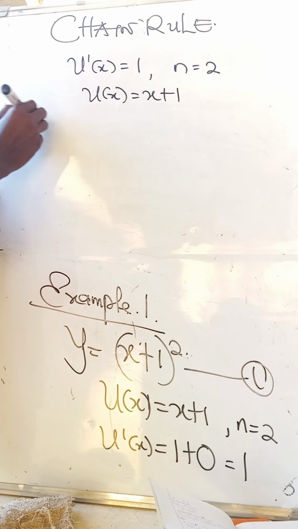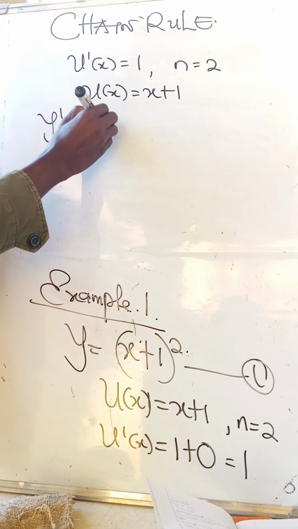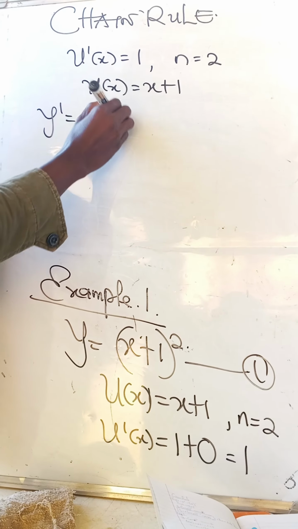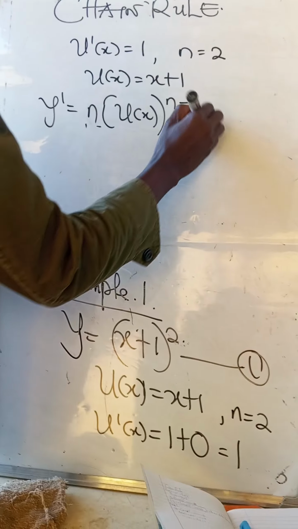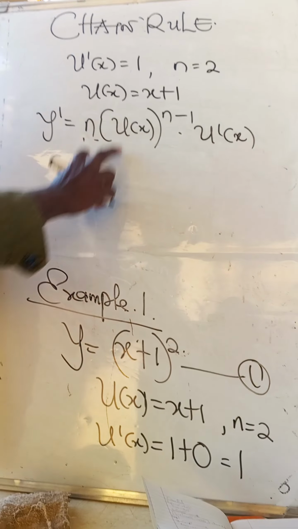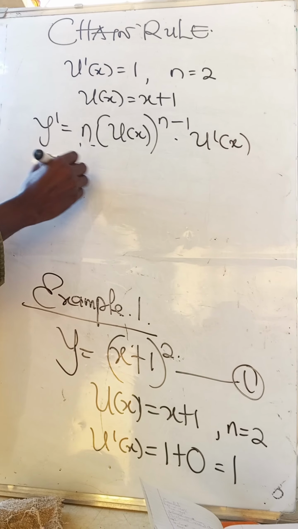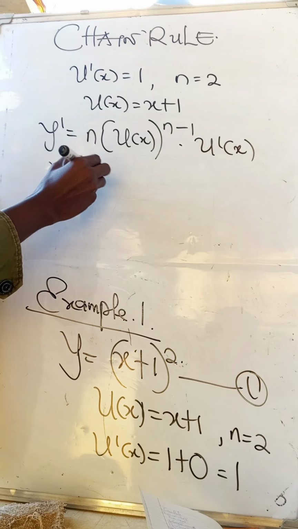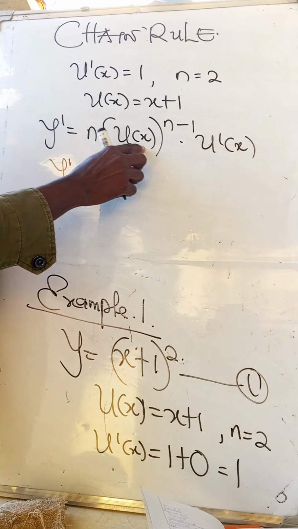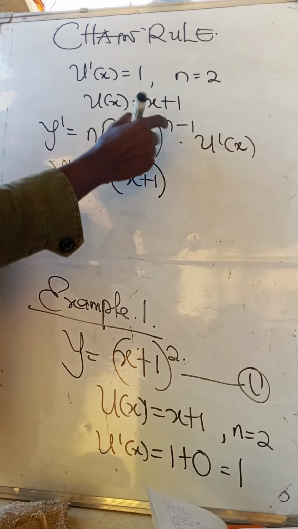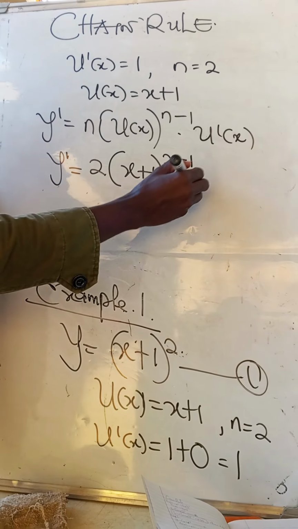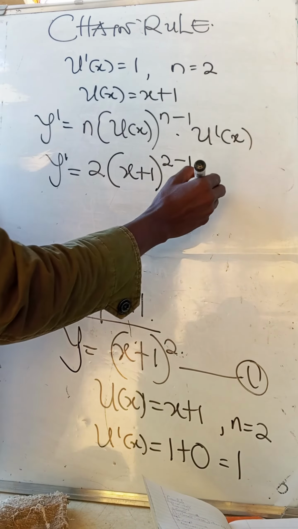Returning to our formula, y prime is equal to n, then in bracket u of x raised to the power of n minus 1, times our u prime of x. We can now substitute everything we have, which gives us y prime is equal to n. What is our n? n is 2. Then u of x is x plus 1, raised to the power of 2 minus 1, times u prime of x, which is 1.